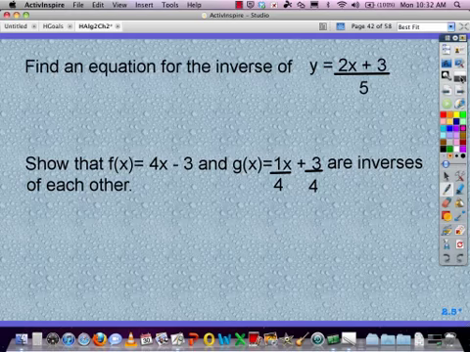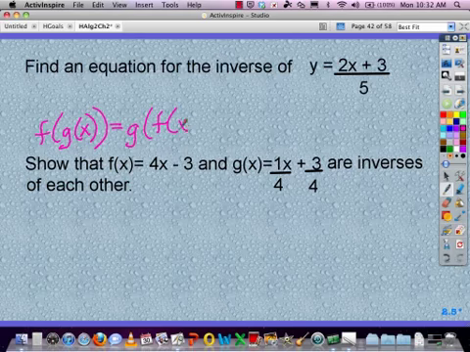And if you recall, our definition was f of g of x and the other direction, g of f of x, both must be performed on our functions, and we have to get back to x, which is also known as the identity function. Okay, so you have to get back to what you started with. What you were putting in has to be what you get out.